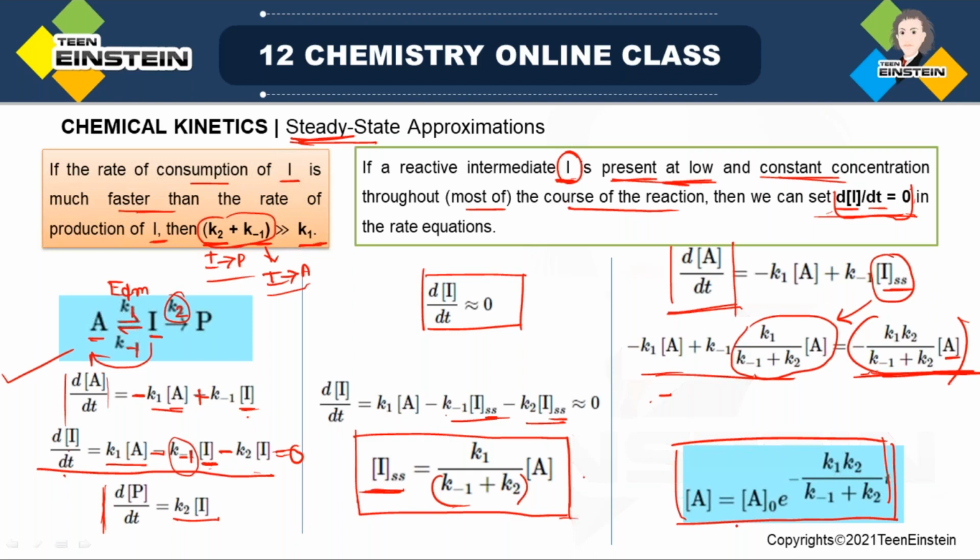So remember, this will be the final expression, and you can see it has some similarity with the first order rate expression, right? Any doubt? Is it clear what is steady state approximation?